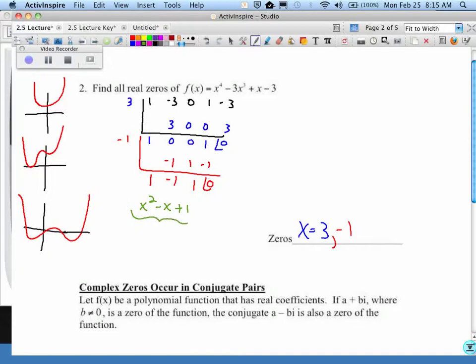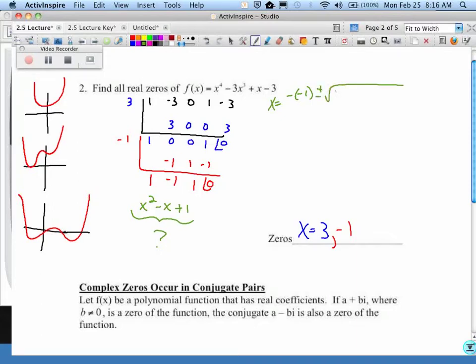So we're going to do the quadratic formula. The key for you guys is to get to that level where at least you can get to the quadratic formula. So x equals negative, my b value is already negative, so I'm gonna write it down like this, negative of a negative 1, plus or minus the square root of b squared minus 4ac.